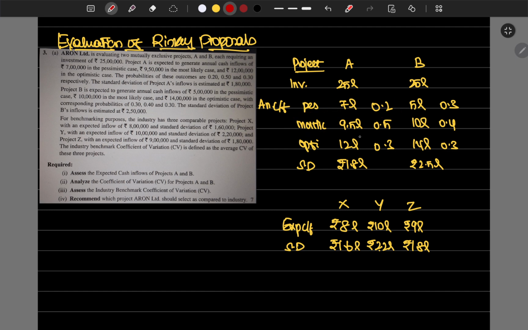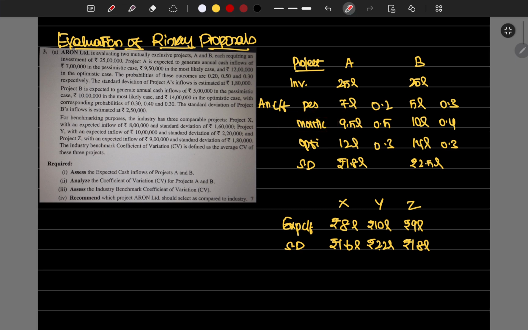Most likely 9.5 lakhs, with probability 0.5. Optimistic 12 lakh, with probability 0.3. They have given the standard deviation because of the risk involved in earning out of this project.